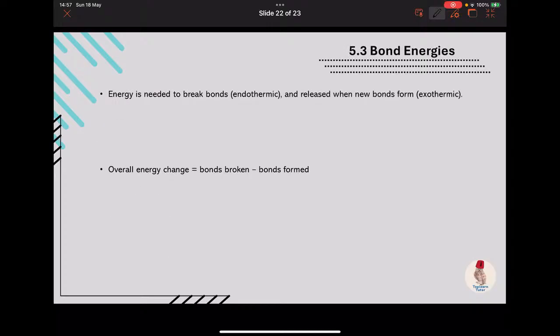Now bond energies come up every year. They will give you a question with a reaction, and you will have to work out the amount of energy a bond holds using the change of energy in the reaction.